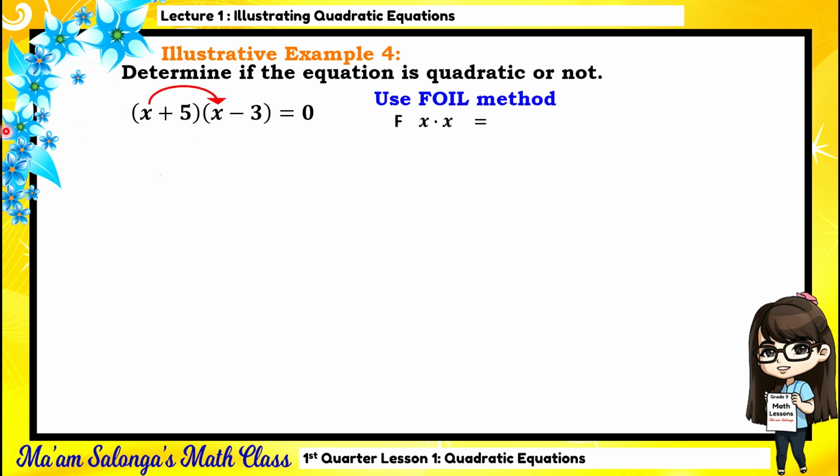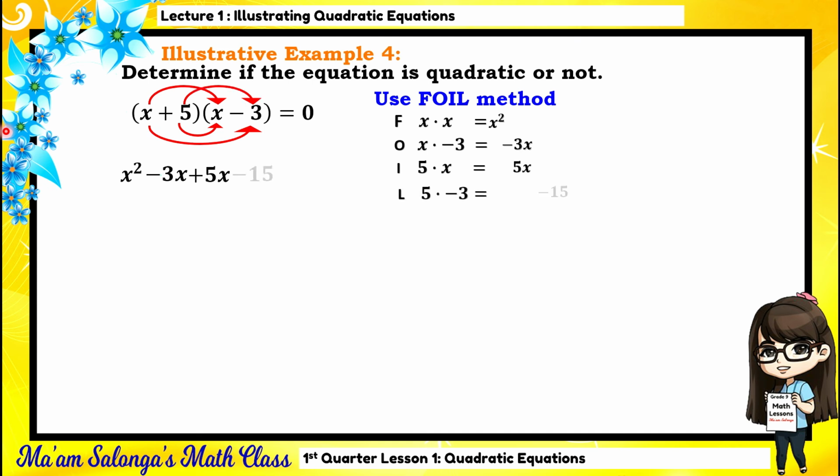So x times x is x squared, and that is for the first terms. x times 3 is 3x, and that is for the outer terms. 5 times x is 5x, and that is for the inner terms. And 5 times 3 is 15, and that is for the last terms.